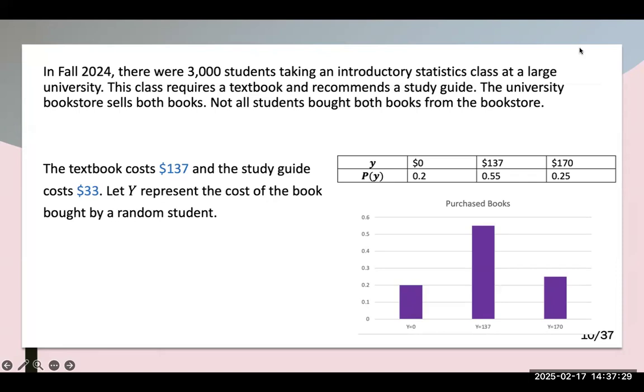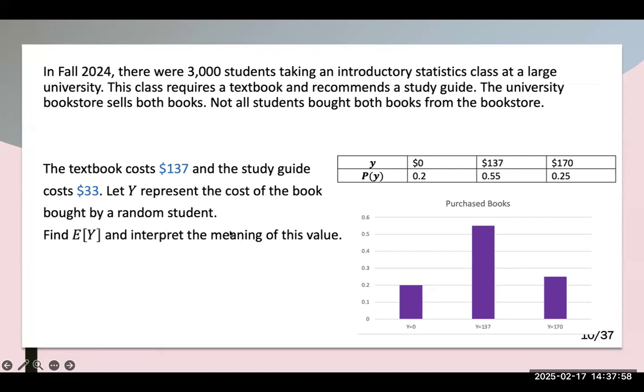So they're either going to buy the textbook, no books, or both books. And if they're going to buy both books, we have to add 137 to 33, and we should get $170. So those are the 3 options. And again, we saw that 20% of the students bought neither book, so they spent no money. 55% spent 137, and 25% spent 170.